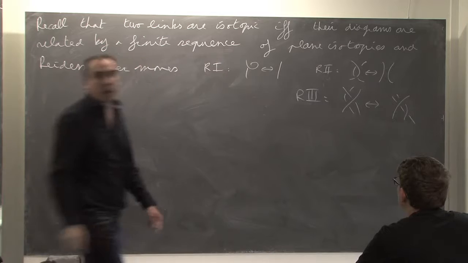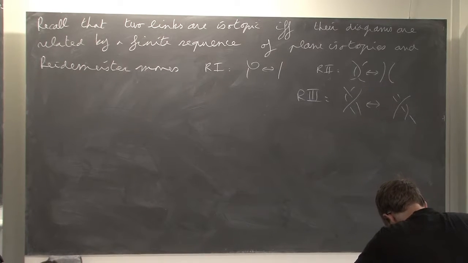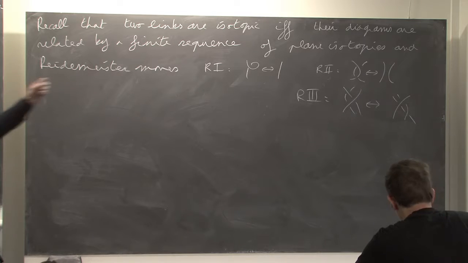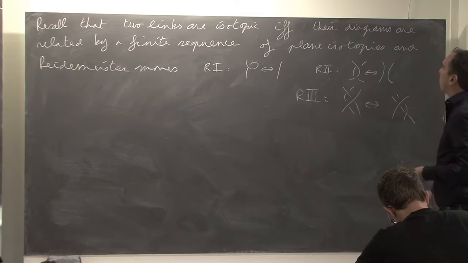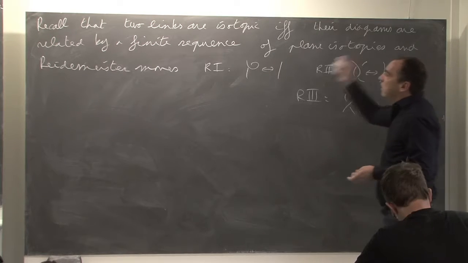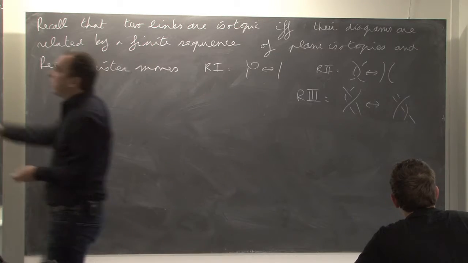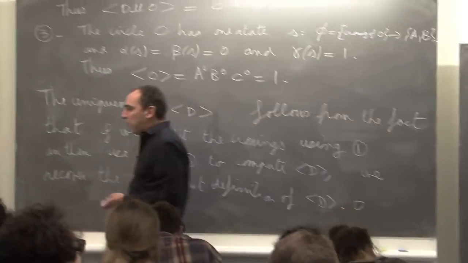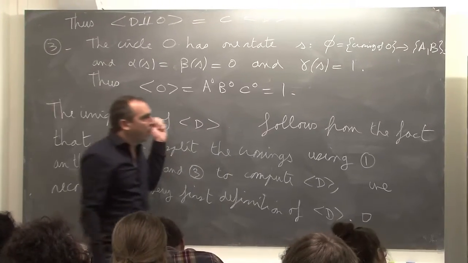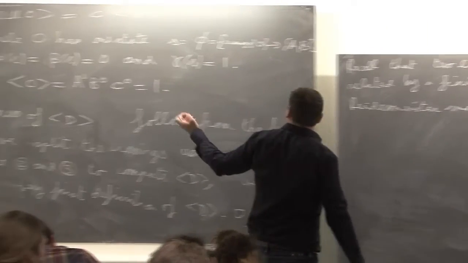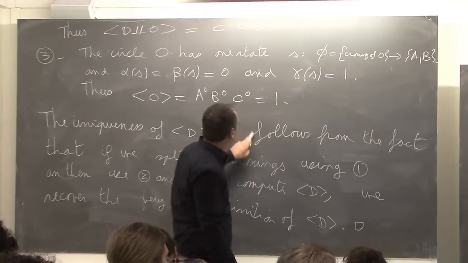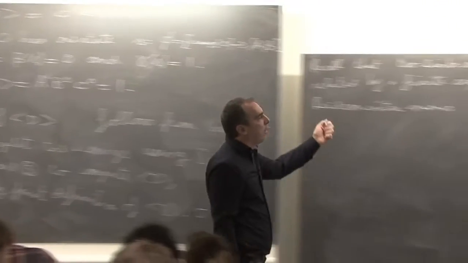Okay. So if we want to define an invariant of links, one way is to define an invariant of link diagrams which is invariant under plane isotopies and Reidemeister moves. We have associated a polynomial to link diagrams, which is invariant under plane isotopies.